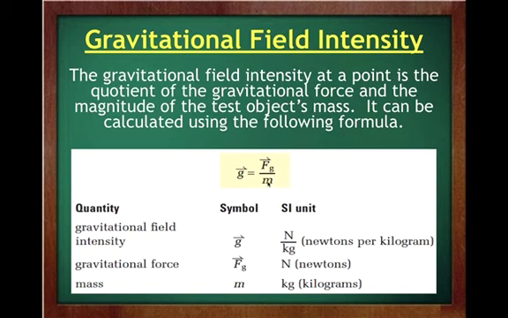Now, we've always calculated Fg as m times g, just a rearrangement of that formula. And if it was on Earth, we already knew what the gravitational field intensity was. But if we're dealing with something else, and we're solving for that value of g, we need to know what force is exerted on a particular mass to figure out what that intensity is.